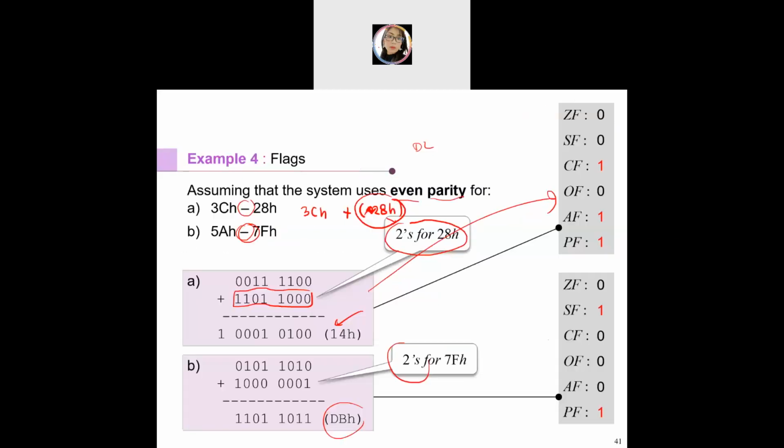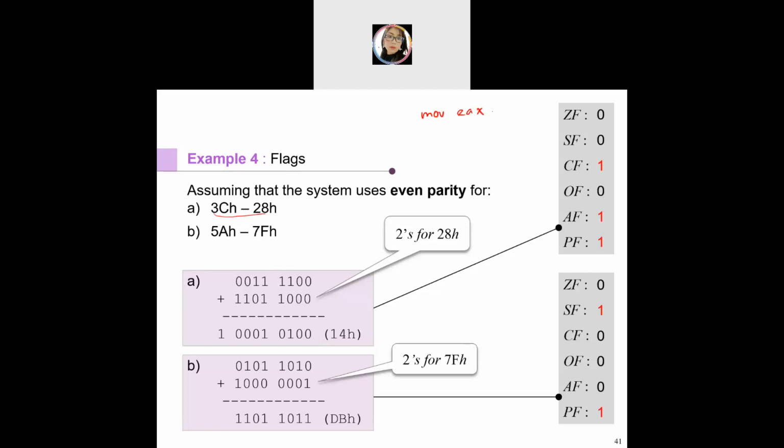So please try to do also in terms of coding. You write your own coding. Like maybe you have move EAX, the direct value. You just use direct value, simple. 3C hexadecimal. You already move to here, and then you just do like multiply, and not multiply, subtract.